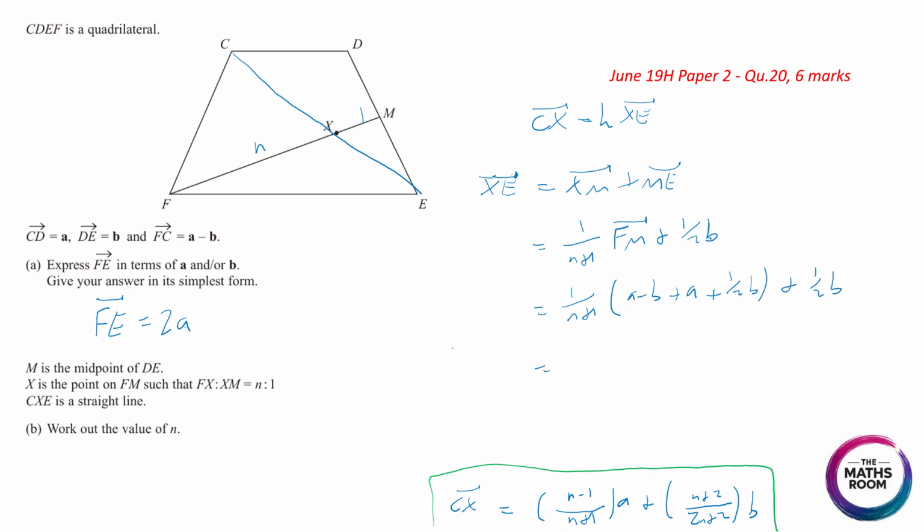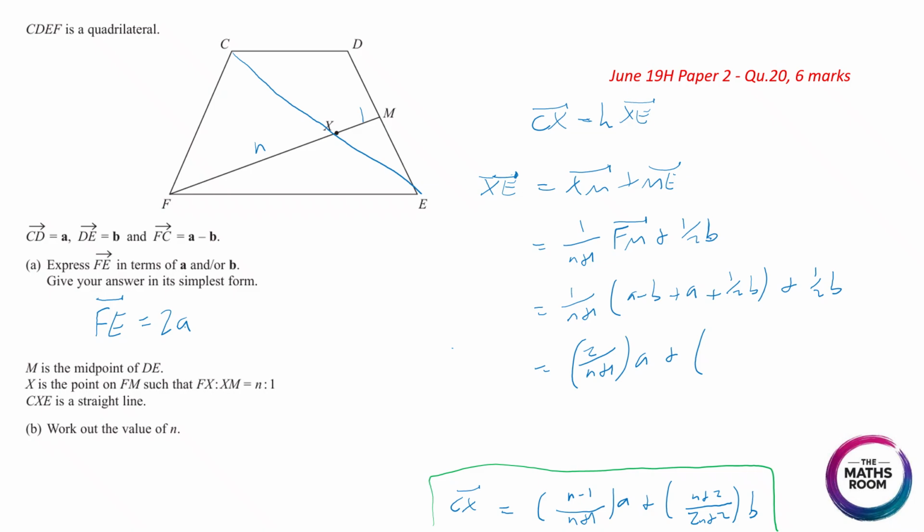We simplify all of this, guys. So look at your a's. You've got 2 a's multiplied by 1 over n plus 1, so you've got 2 over n plus 1 a. Look at your b's now. So you've got minus b plus a half b, which is minus a half b, multiplied by 1 over n plus 1.